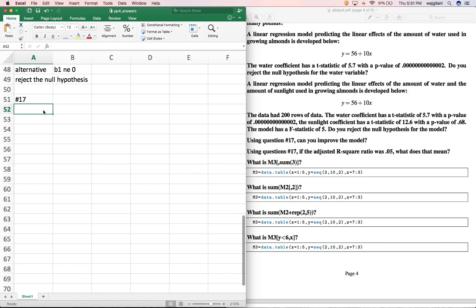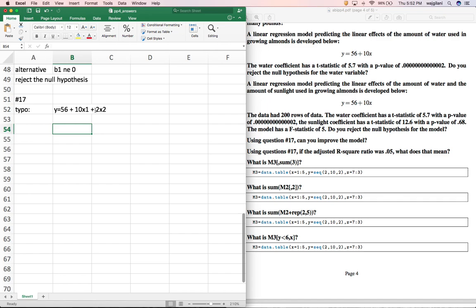So this is going to be y equals 56 plus 10x, this should actually be a subscript, 10x1, I can't do a subscript here, plus, let's do 2, 2x2.